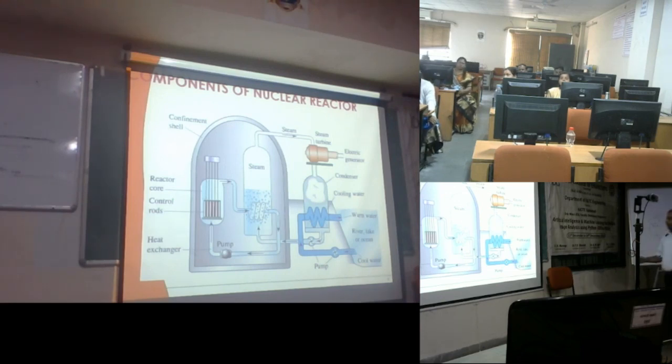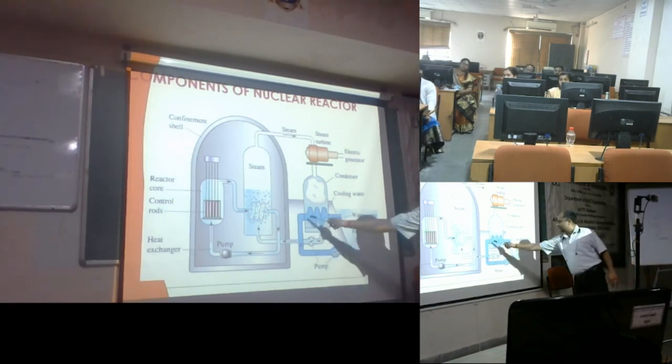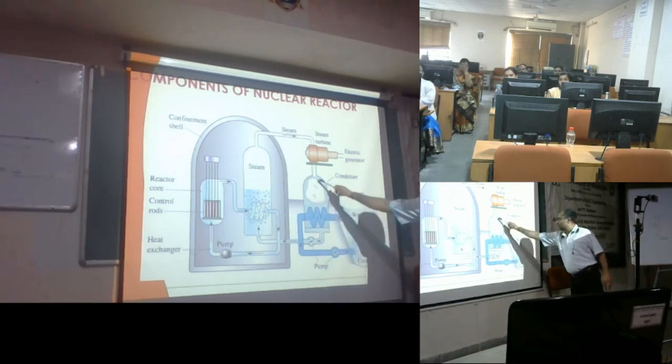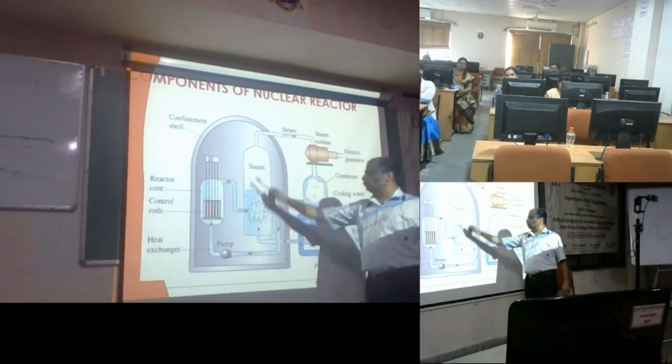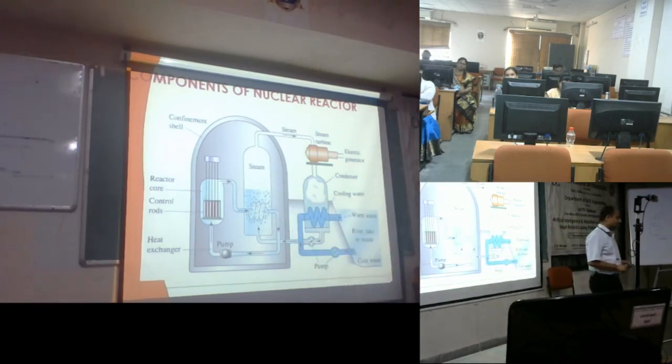When the steam touches this cold water, it automatically condenses and converts into water. But that water contains a sufficient amount of heat, which we don't want to lose, so it will be pushed back into this loop, okay.